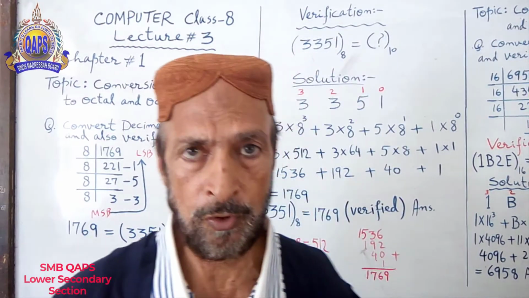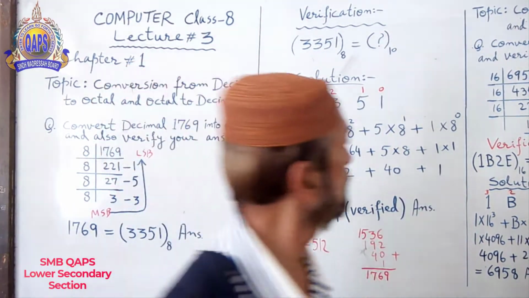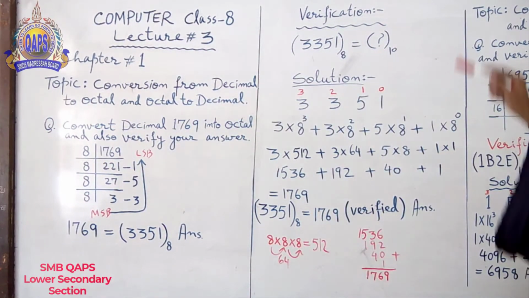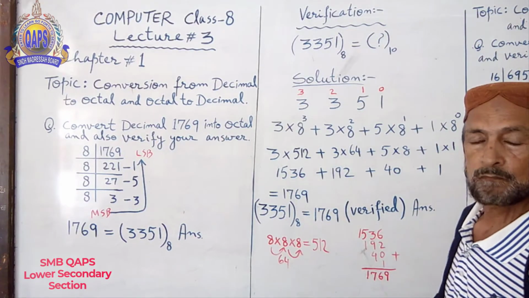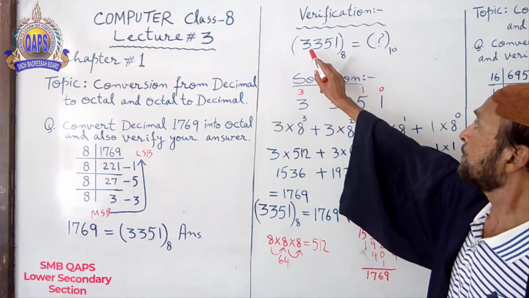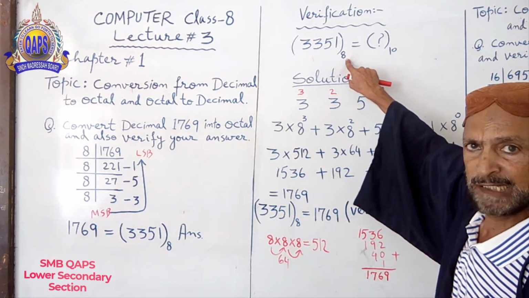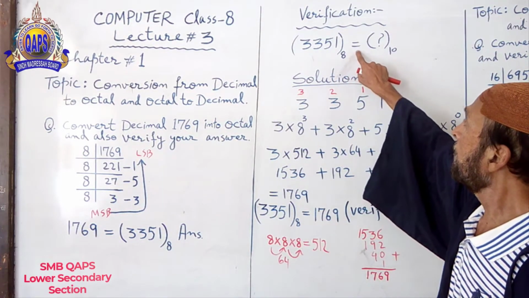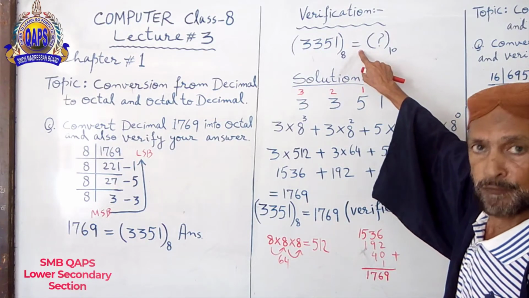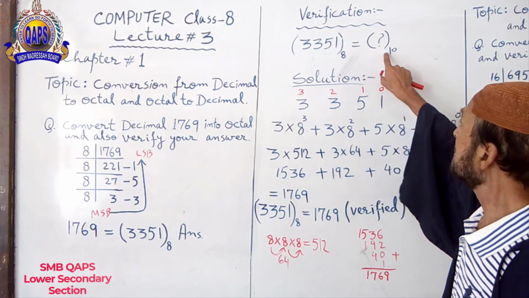Verification. So have a look now. Verification. 3351 octal. Base power 8 means octal. What will be equivalent in decimal number?